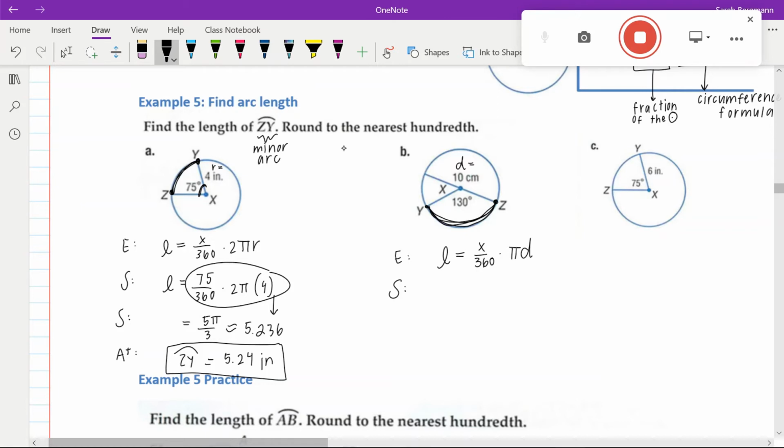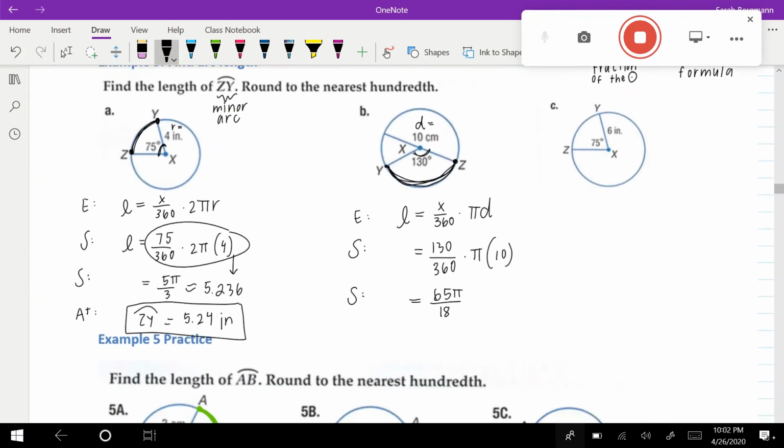To substitute in, we'll plug in 130 degrees for the central angle, since that's the central angle that pairs up with our arc. And for the diameter, we'll plug in 10. Again, if you wanted the exact answer, you would multiply the whole numbers together, which would give you 65 over 18, still multiplied by pi.